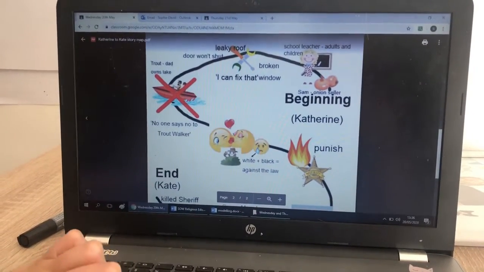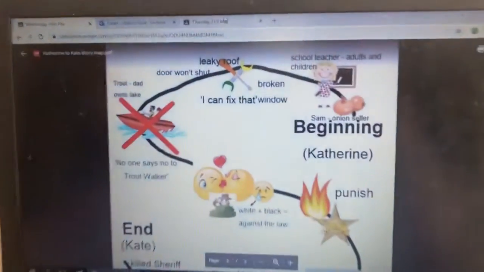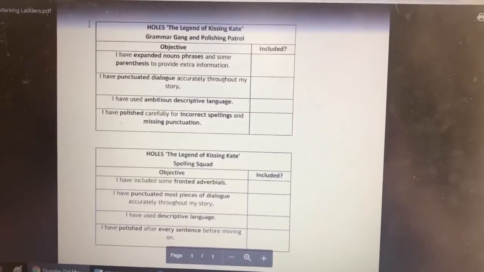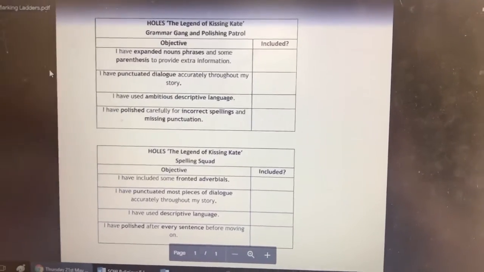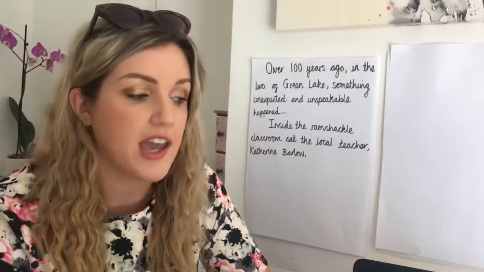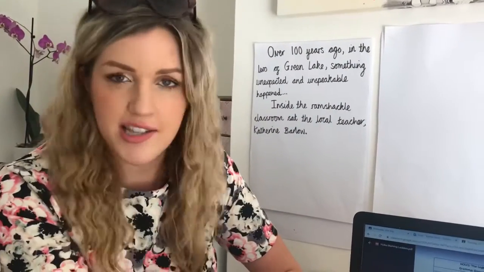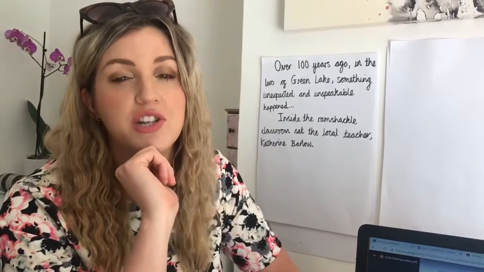And then also have a look at the marking ladder for your English group and have a look at what Miss Foley and I would like to see in your writing. You don't have to print this out and tick it off and submit it, but just have a look. These are the kind of things that we want to see you practicing in your writing.